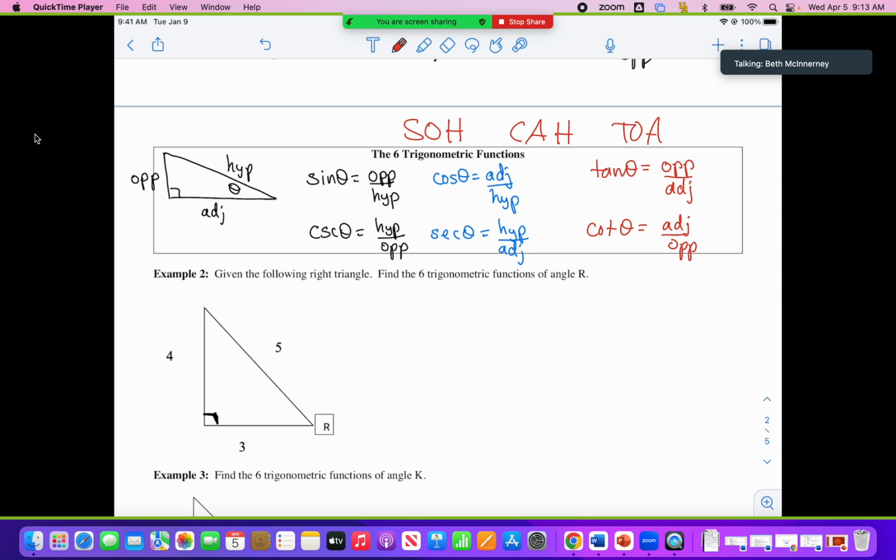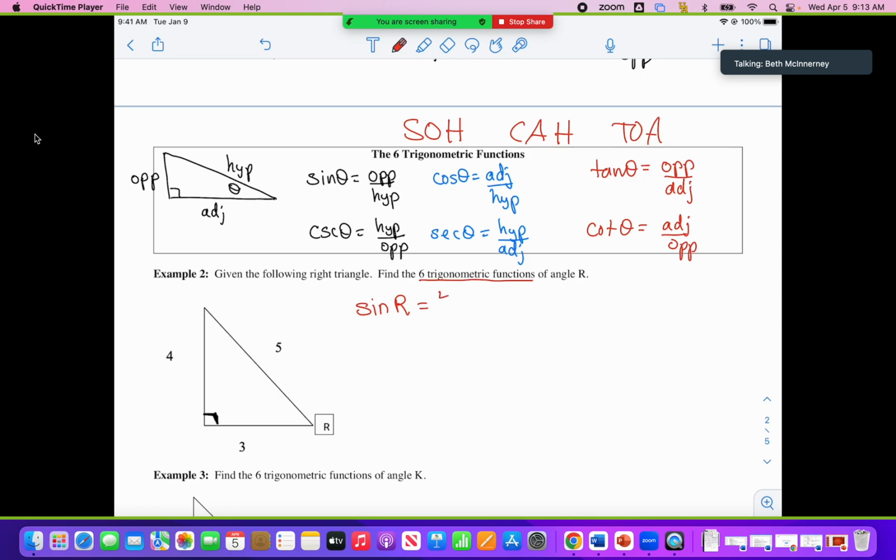Now you will often be asked to find 6 trig functions, coming from angle R. Here's how you write this: sine, and capital R is the angle. What is the opposite over the hypotenuse for sine R?